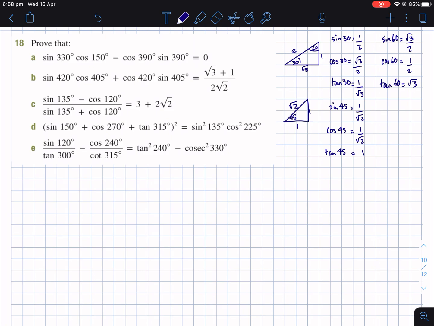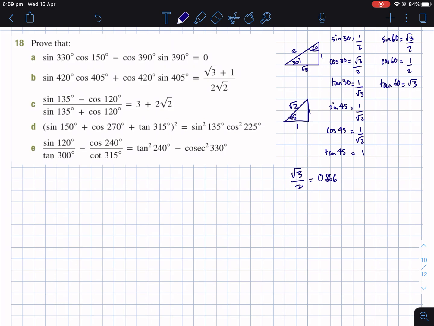One tip with these, if you figure out that root 3 on 2, if you put it in your calculator, I'd like you to do that now, root 3 on 2, if you do it properly, which I just did not, that should come out as 0.866. If you ever get stuck with one of these, just chuck it in your calculator. If it comes out as 0.866, it's root 3 on 2.